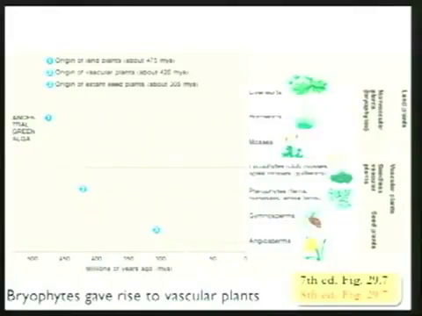and then about 50 million years later, we get the origin of the vascular plants, which are these 4 major lineages that I'll get to in a moment. These are the ones that have rigid conducting tissues in their sporophytes that allow them to get to very large sizes and have branching growth for the sporophyte.